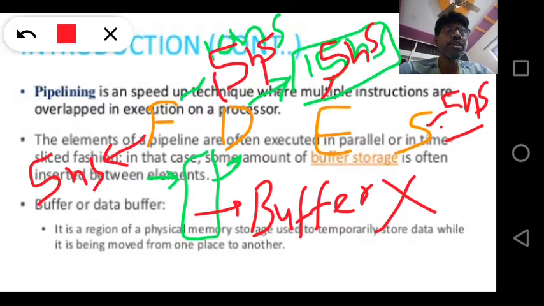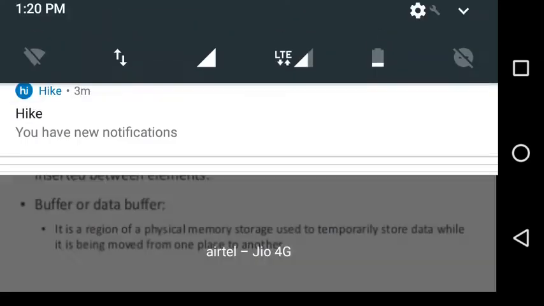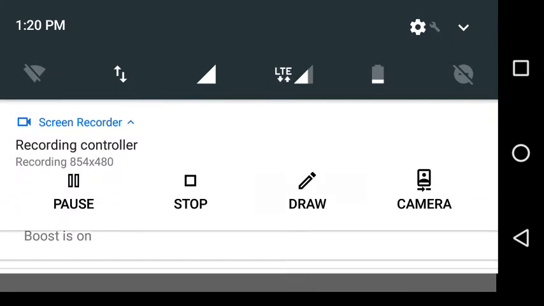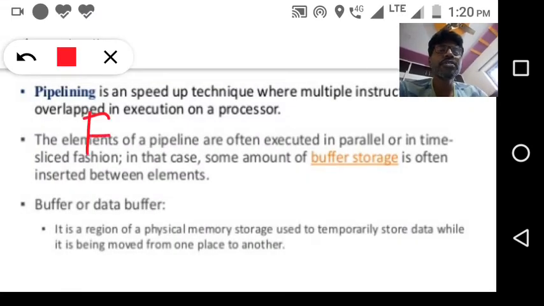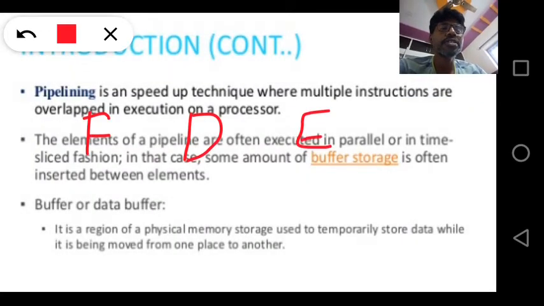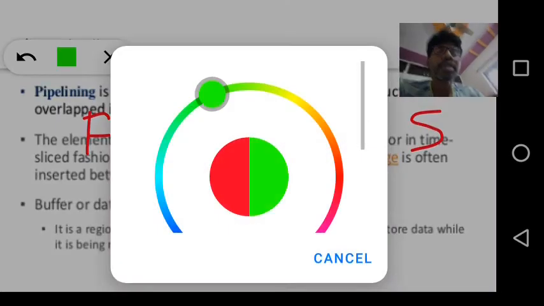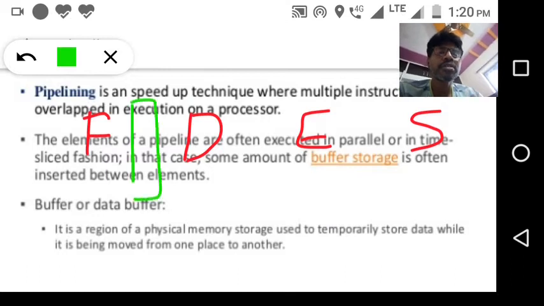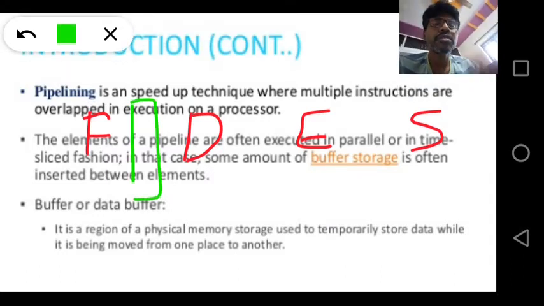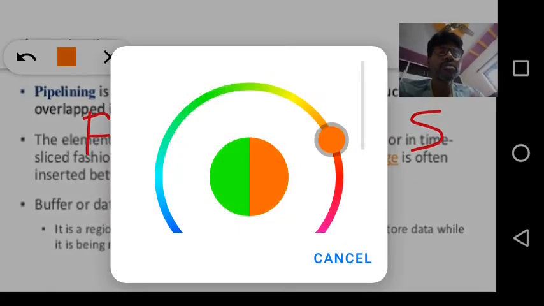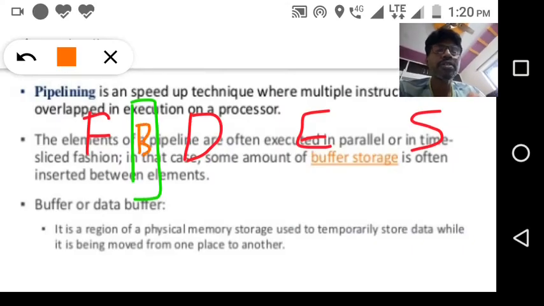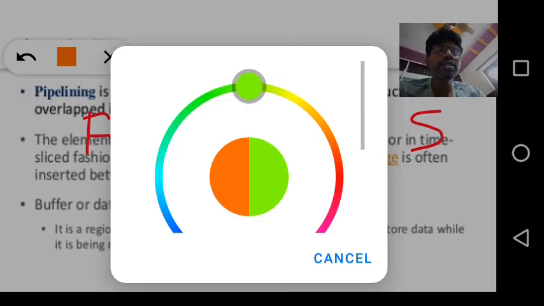But buffer is required when fetch, decode, execute and store take different times.